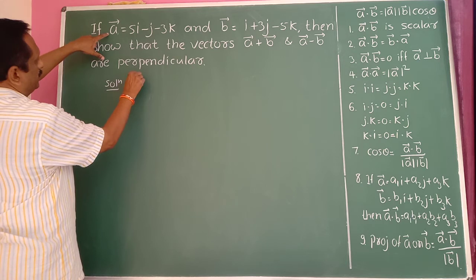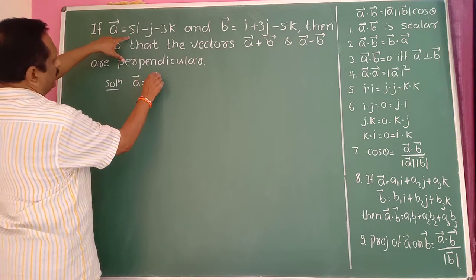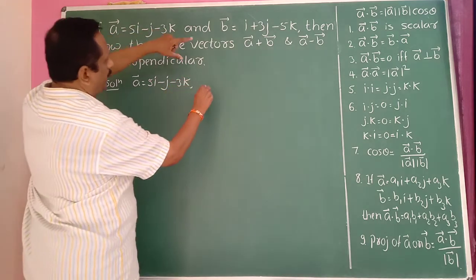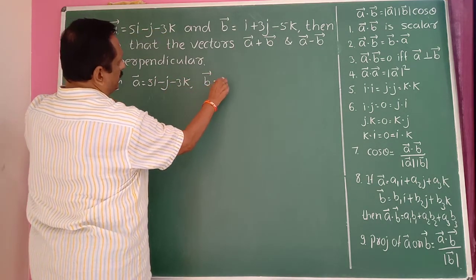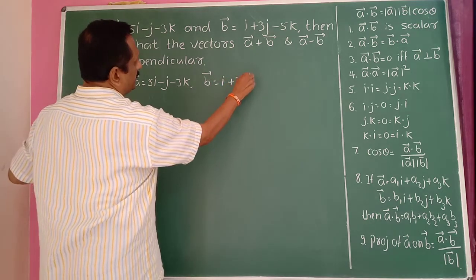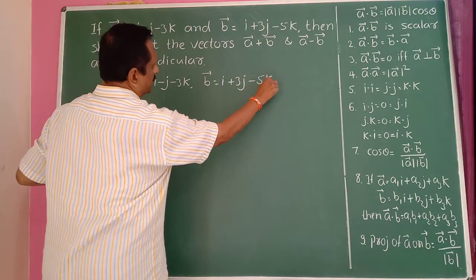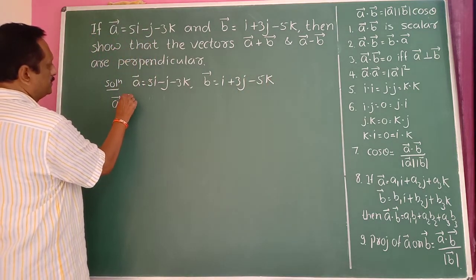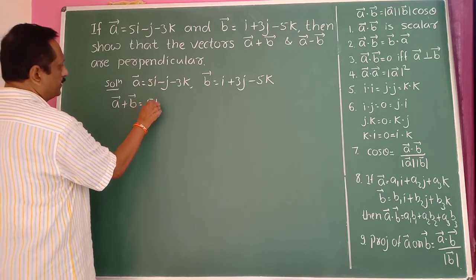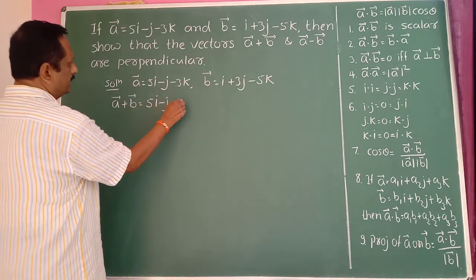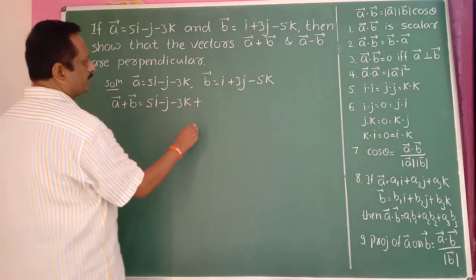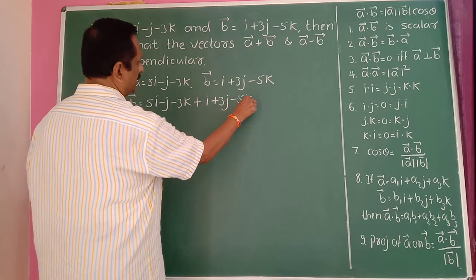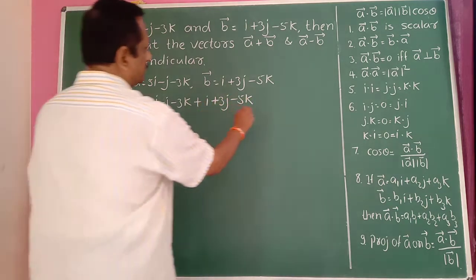The vector a bar is 5i minus j minus 3k, and the vector b bar is i plus 3j minus 5k. Then add the vectors. a bar plus b bar is equal to 5i minus j minus 3k plus i plus 3j minus 5k. 5i plus i becomes 6i.